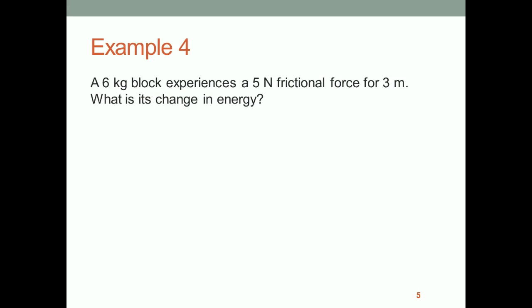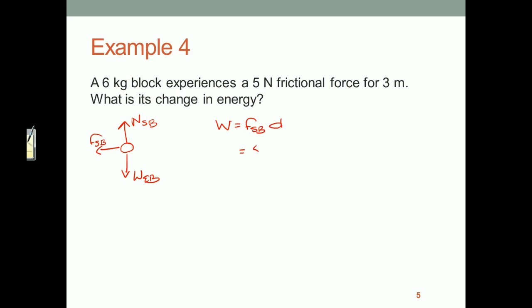For the fourth example, I have a block. It moves across a surface for 3 meters with a 5 newton frictional force. How much does its energy change? So again, we have a normal from the surface on the block. We have the block's weight. We have friction, and we don't have any other information, so we're going to assume that friction is the only force. So the work is going to be the force of friction times the distance traveled.